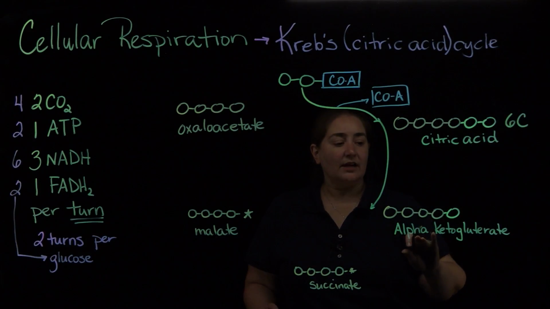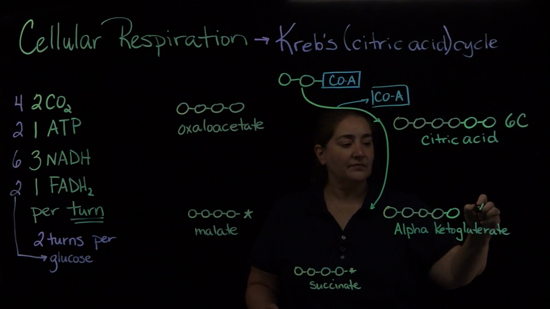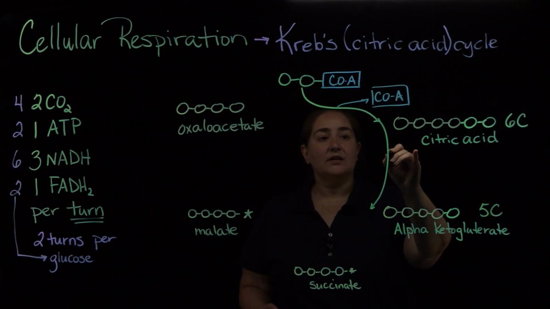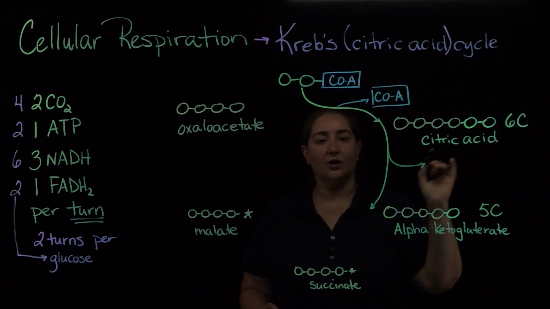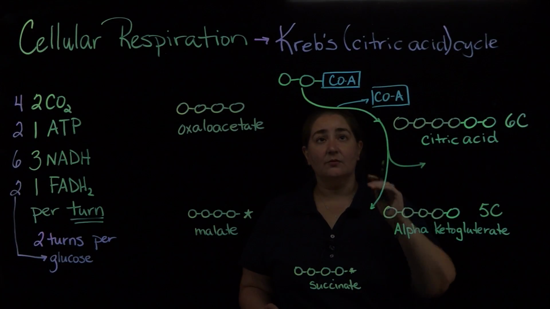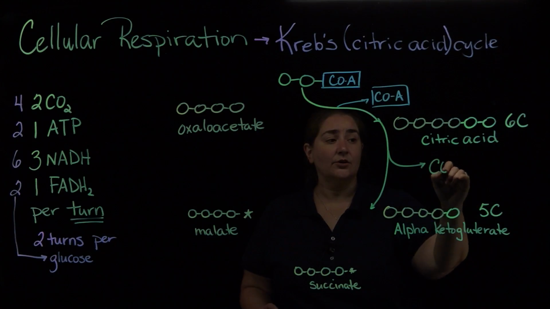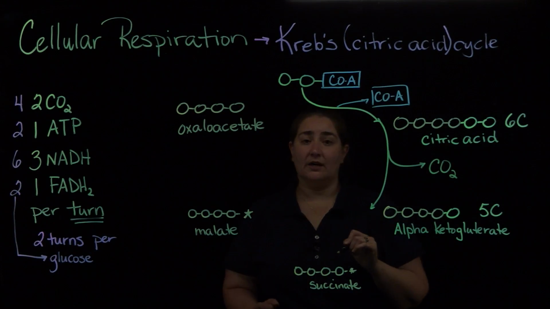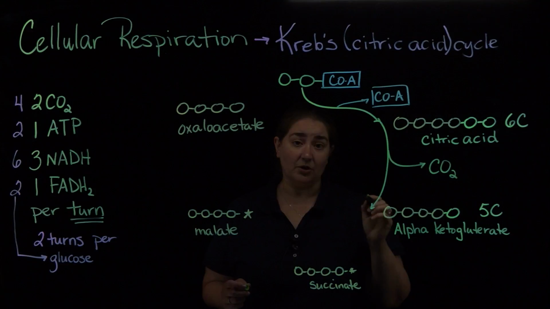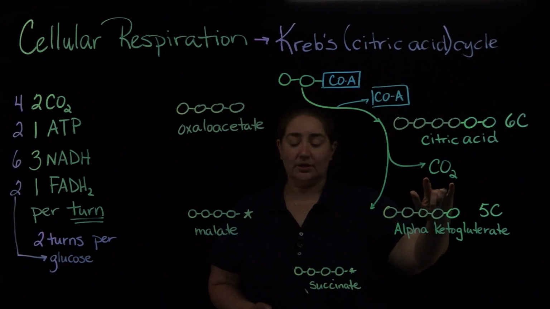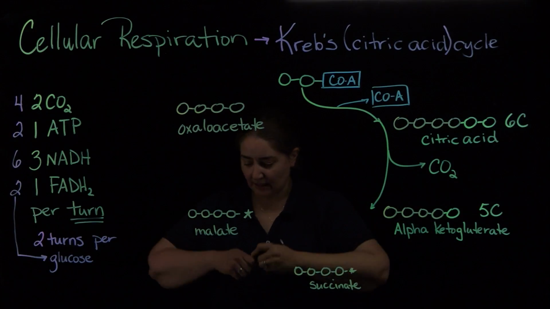That's going to generate alpha-ketoglutarate, a 5 carbon molecule, all right? Because we're taking off a carbon, just like when we generated our acetyl-CoA, we're going to generate some carbon dioxide because that carbon molecule has to go somewhere, okay? So we're going to generate some CO2 at this step.